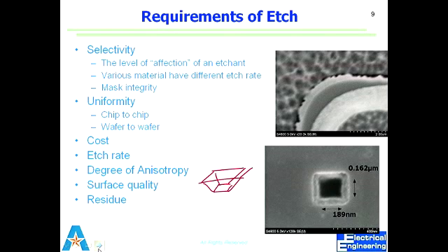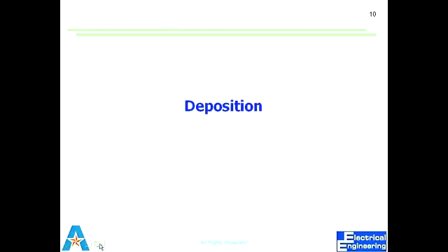If we have KOH for etching, it leaves behind potassium ions, which are bad. They are fast diffusers. If you heat the wafer up, they get into the crystalline structure and disturb the electrical properties. So there are all these things that go into defining an etch process.